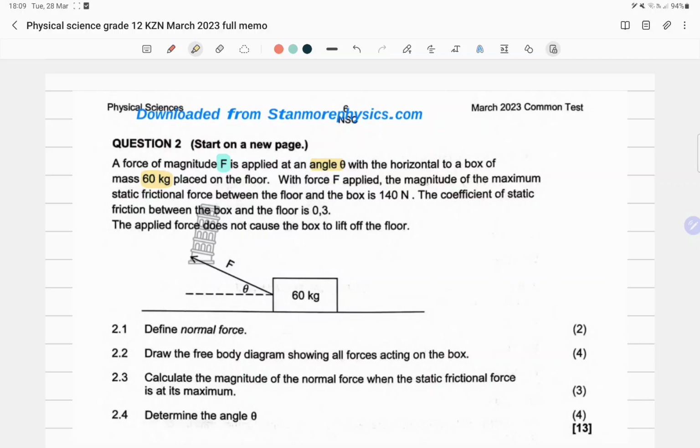With force F applied, the magnitude of the maximum static frictional force, now remember, once we say static frictional force, it means this system is not moving, it's at rest, between the floor and the box is 140 newtons.